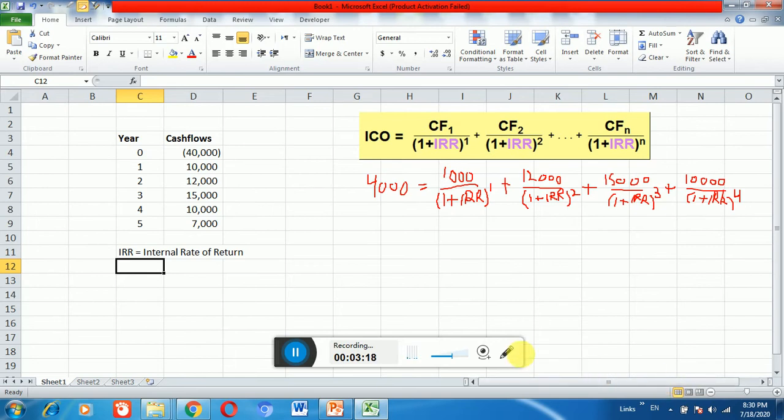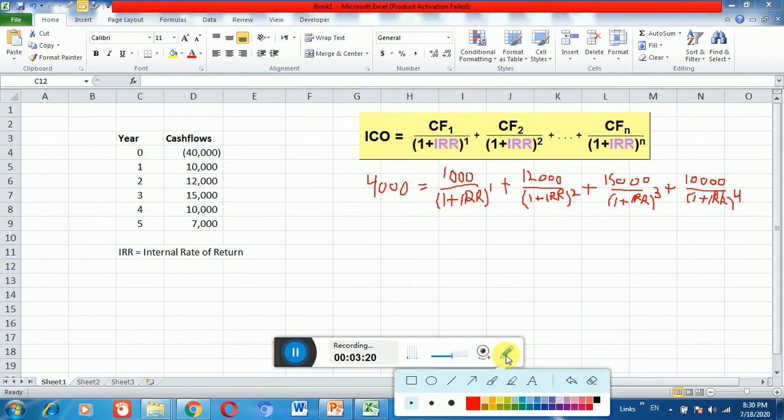And the last value, plus 7,000, divided by 1 plus IRR raised to power 5.